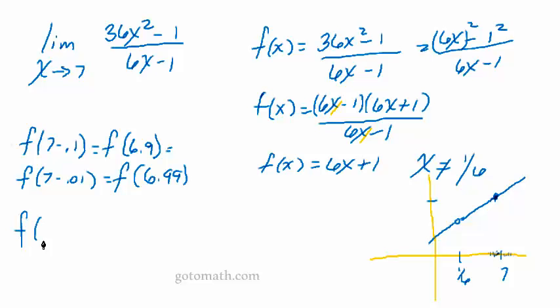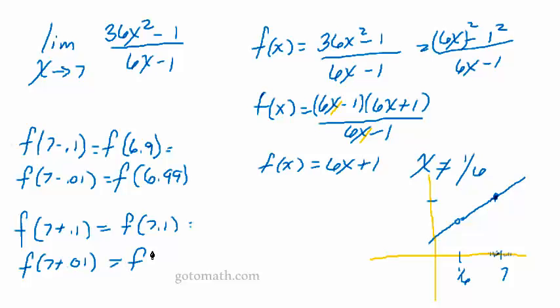So come in from the right hand side, 7 plus 0.1, which is really f of 7.1, and that means you take 7.1 and plug it into this up here, okay? And then get that number out, and then we can look at 7 plus 0.01, which is f of 7.01.